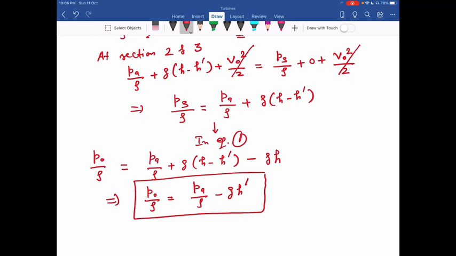So thus you can see the pressure at the outlet of the turbine becomes negative. You can see PO by rho. PO by rho becomes less than atmospheric, because you have a negative sign over here, by an amount equal to the height of the turbine above the tail race level.